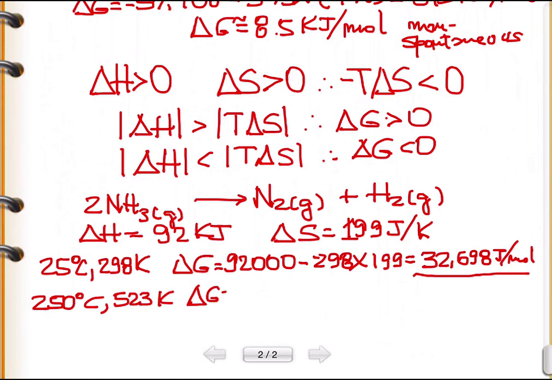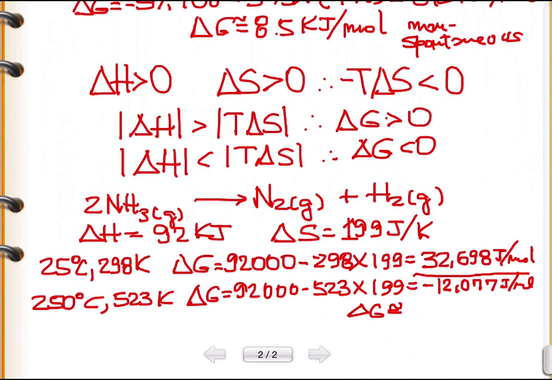So the delta G now would be 92,000 minus 523 times 199, and we plug all these numbers in the calculator, and now we get minus 2,077 joules per mole, or delta G approximately minus 12.1 kilojoules per mole.